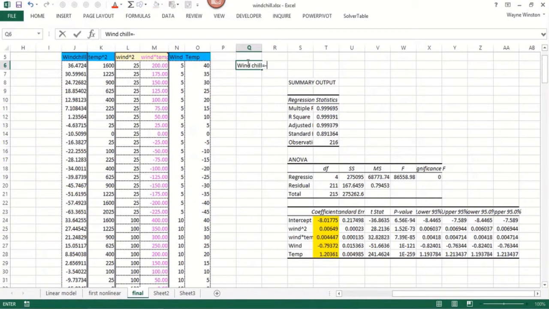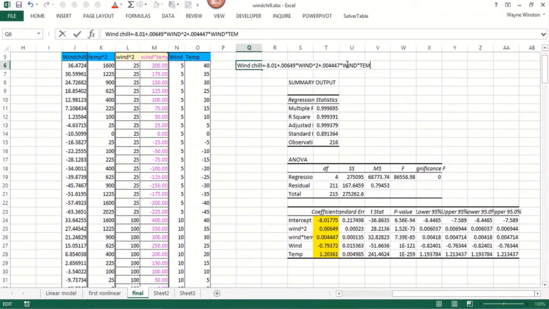So it'd be minus 8.01 plus 0.00649 times the wind squared plus, this is the interaction term, 0.0347 times wind times temperature.